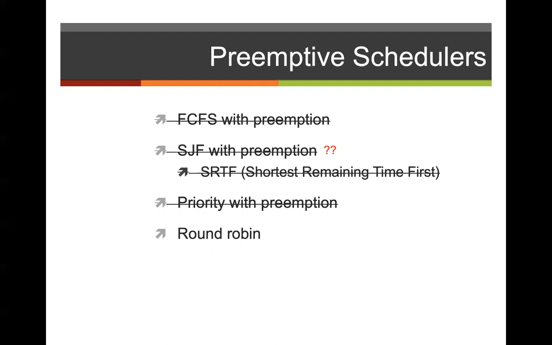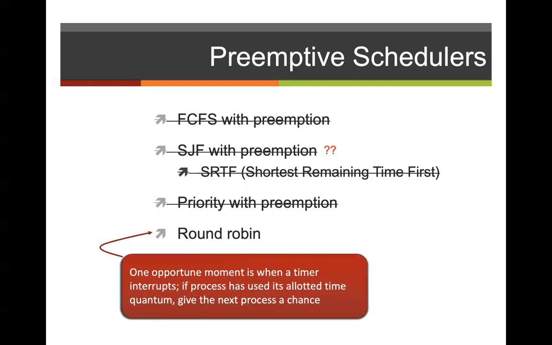We want to ensure that each process is able to be scheduled for execution on the processor. And so you want to consider that we have an opportune moment when a timer interrupts. If a process has used its allocated time quantum, we give the next process a chance to execute with the round robin approach to scheduling.